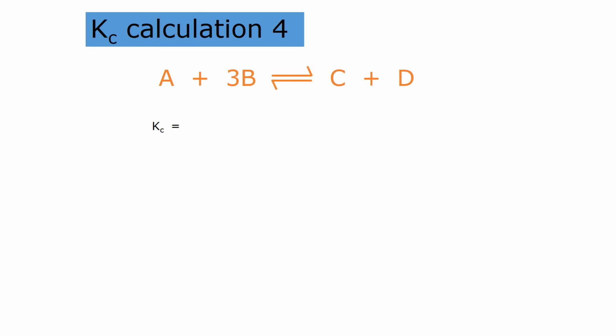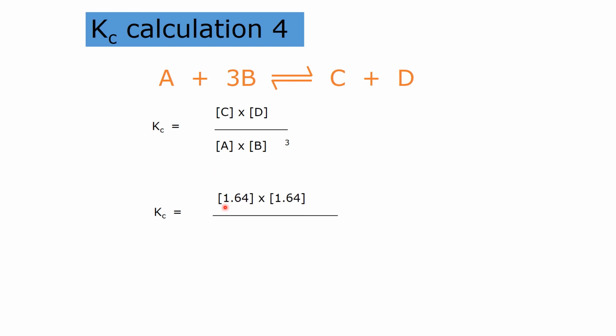Well, we take the numbers that we previously worked out, which we can incorporate into the expression for Kc, which is the concentration of C multiplied by the concentration of D, divided by the concentration of A multiplied by the concentration of B to the third power, because there's 3 moles of B. So Kc then, plugging in those numbers, is going to be 1.64 moles per decimetre cubed multiplied by 1.64 moles per decimetre cubed divided by 8.36 moles per decimetre cubed multiplied by 3.08 moles per decimetre cubed, to the third power, because there are 3 moles of B in the initial equation.